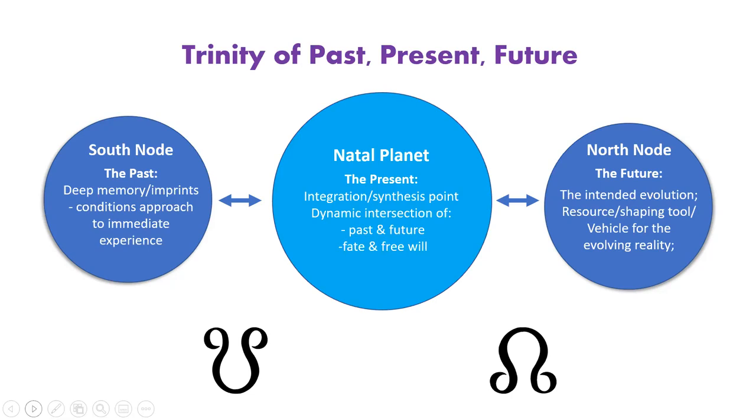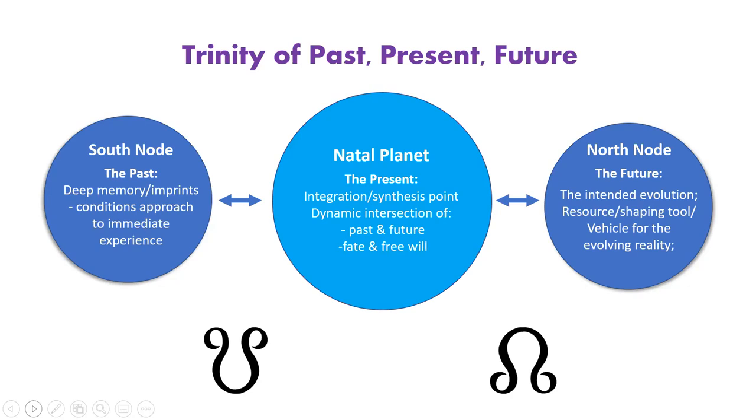So we have the south node representing the past, the deep memory imprints that condition our approach to our immediate experience. We're always conditioned. We have habits and behavioral responses. A south node is a composite of past life circumstances, behaviors, issues, personalities that are shaping your soul's bottom line desires and needs.